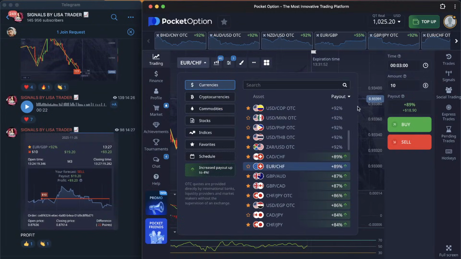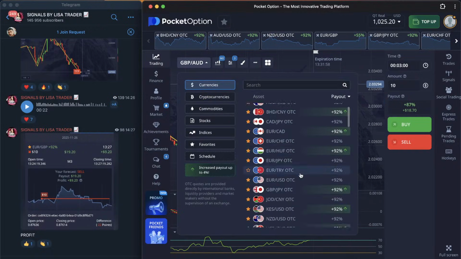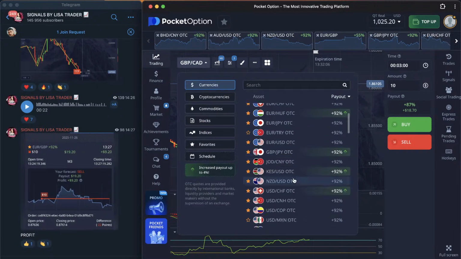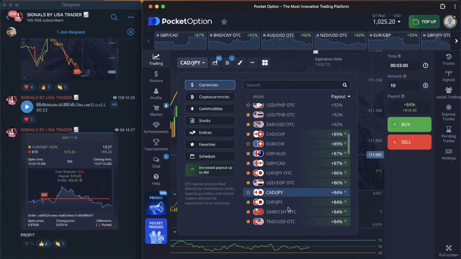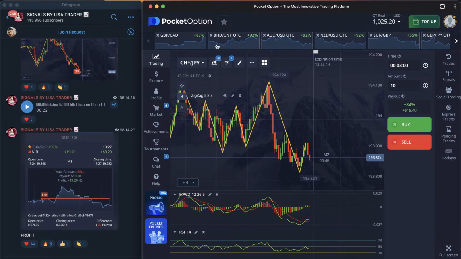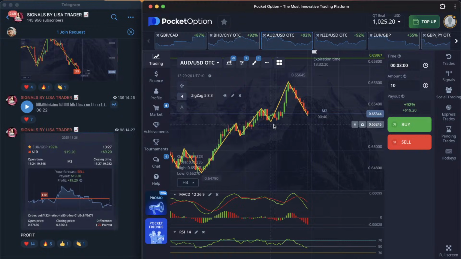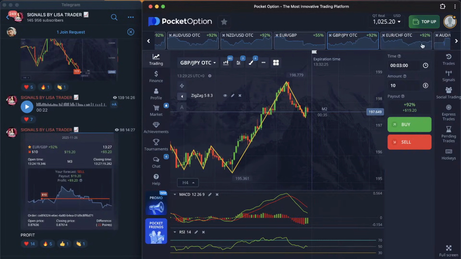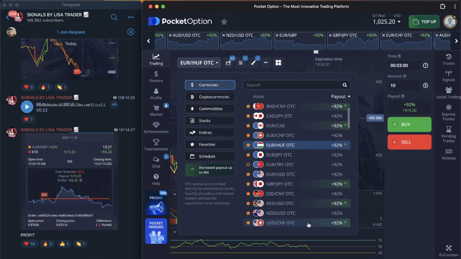Wait a second, I'm gonna check the real market, but there's not that many things actually that we can choose. As you can see, here's a lot of fluctuations in the real market, so it's not actually a good choice, I think. Here is a pretty good downward trend, but we're pretty close to the previous support level, so it has some risks as well. Okay, so we're gonna check out something else.